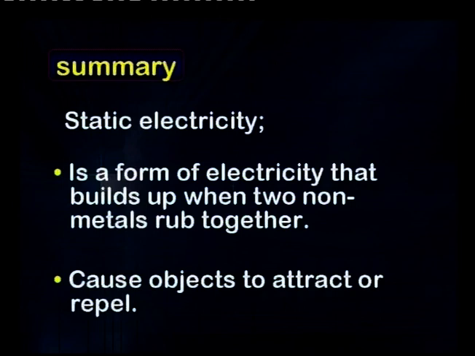So when you rub the piece of cloth and the ruler, there was some form of electricity being charged, and then it attracts the newspaper, right? And also when you try to rub the cloth with the balloon.